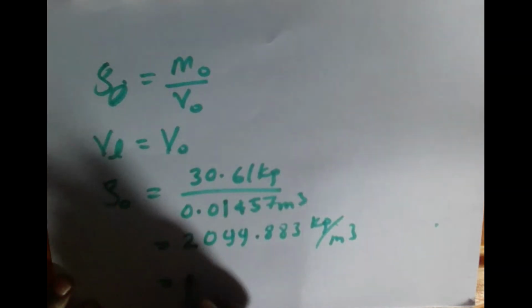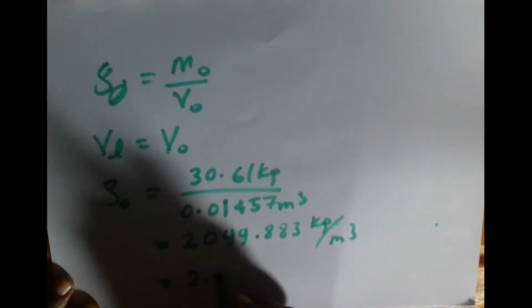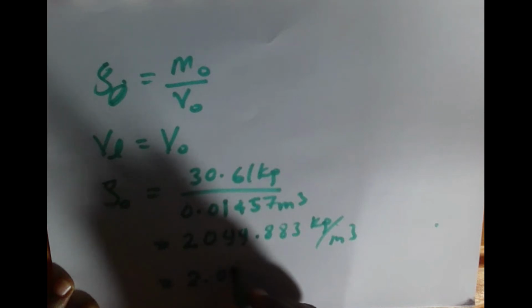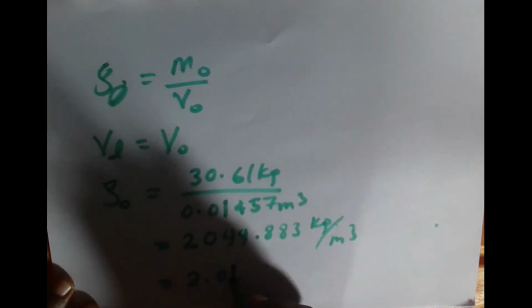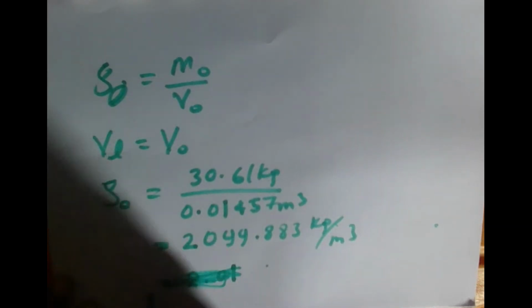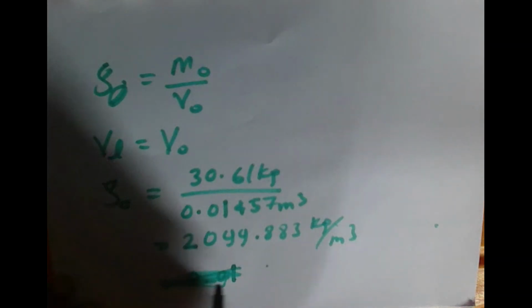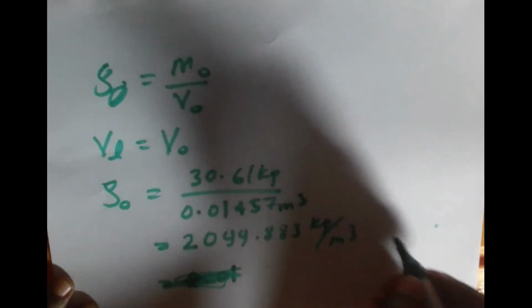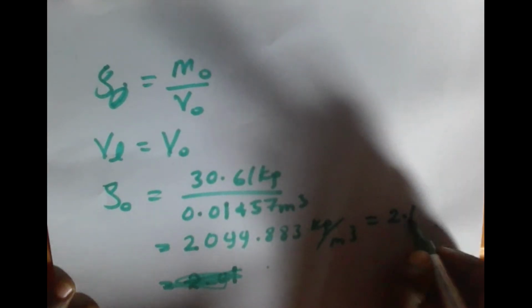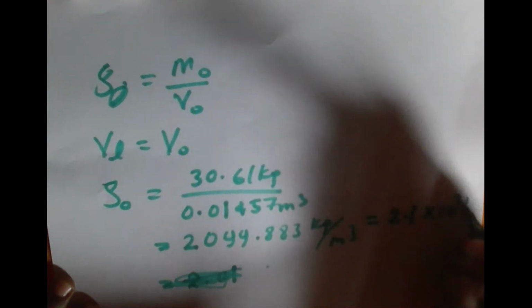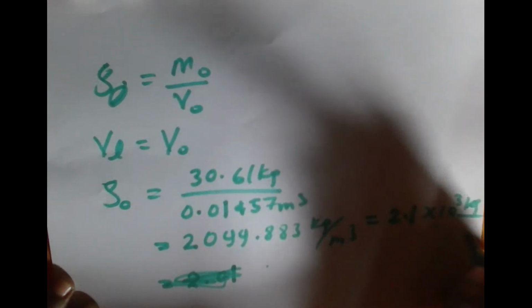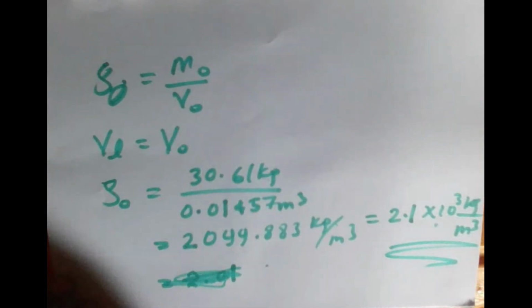So we rewrite this, it becomes approximately 2.1 times 10 raised to 3 kilograms per meter cubed. This is the answer.